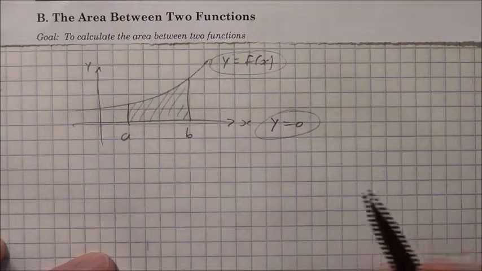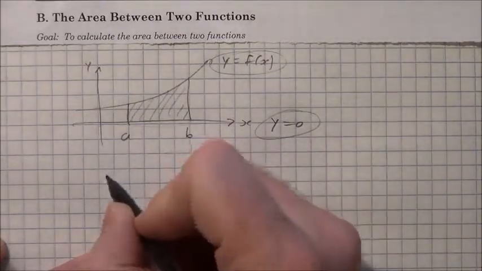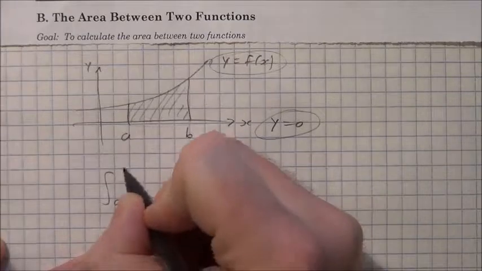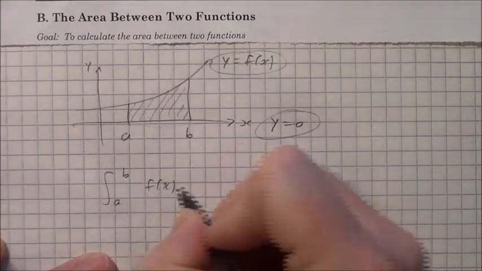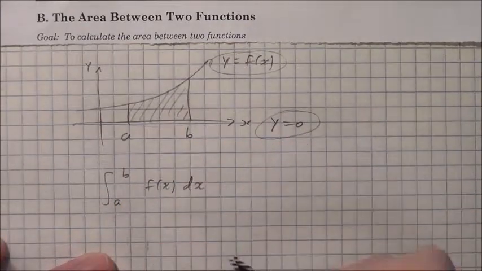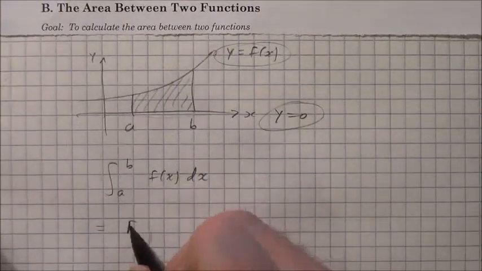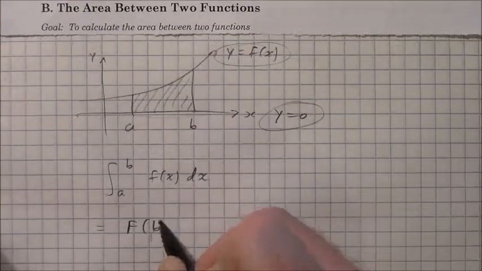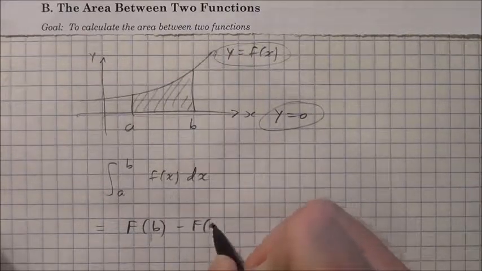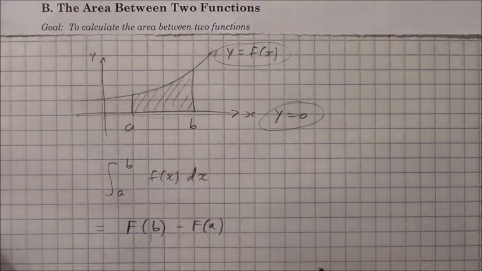We've been calculating that by finding the antiderivative of f of x with respect to x. And then when we evaluate that, that is uppercase F of b minus uppercase F of a. That's all fine and good, and that's absolutely correct.